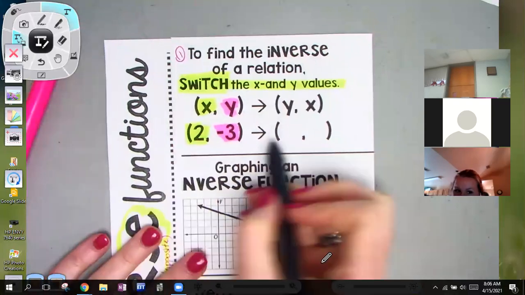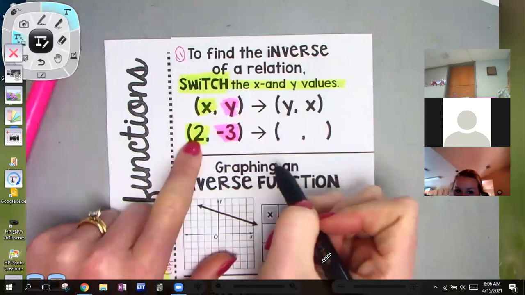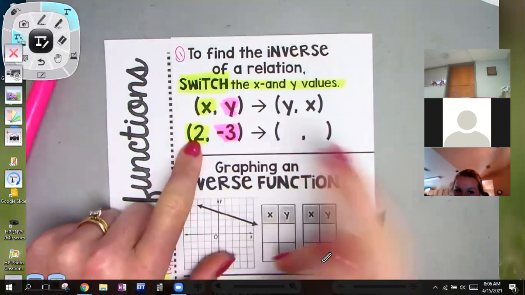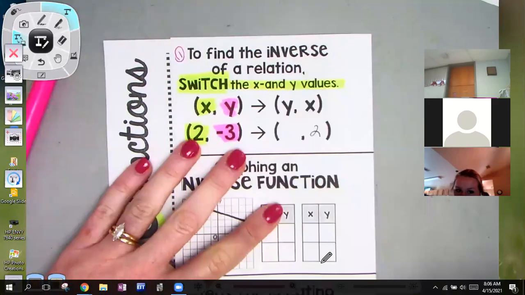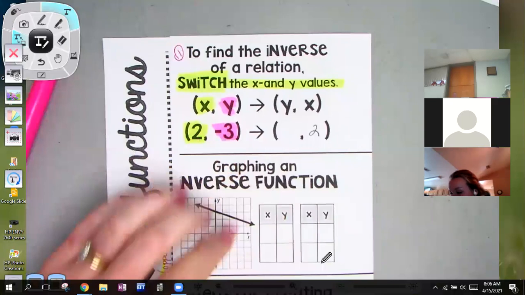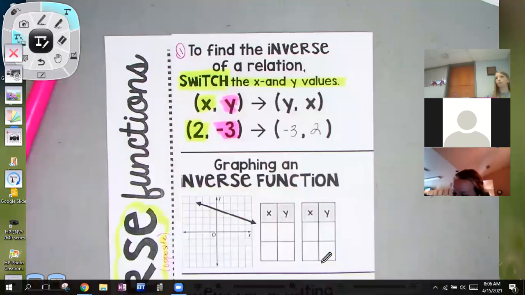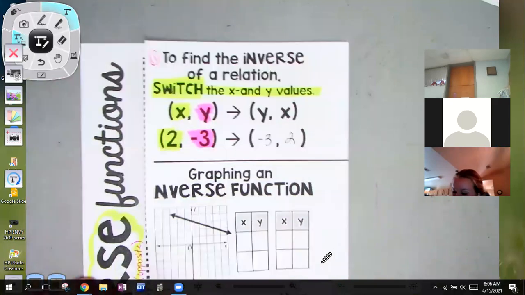So if my x was 2, then if I were to find the inverse, the y would become 2. And if my y was -3, then my x becomes -3. They literally just switch. You're going to see that better reflected graphically, but it really helps if you understand it with its coordinates.